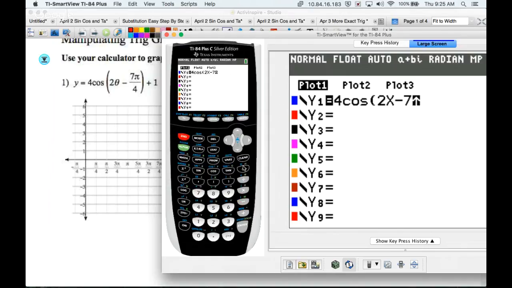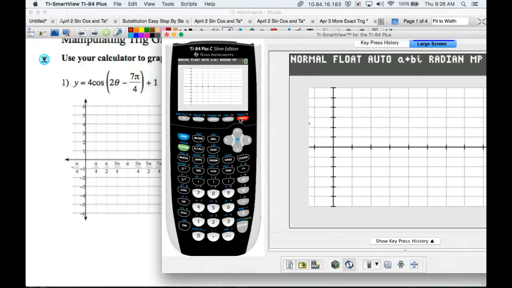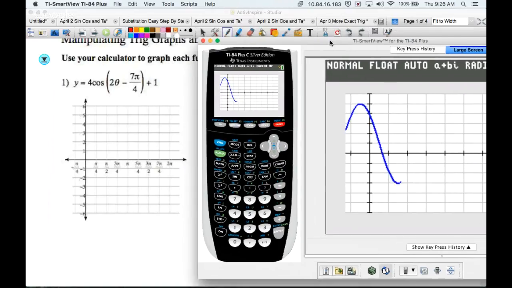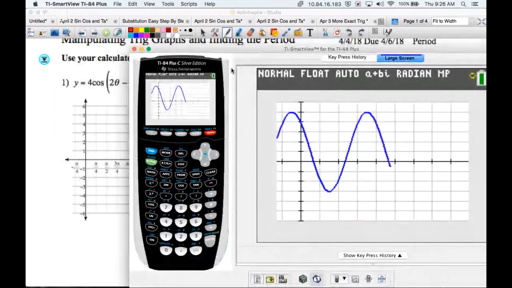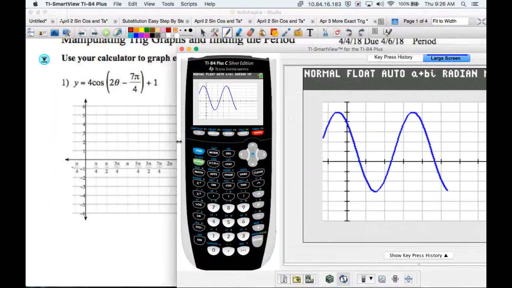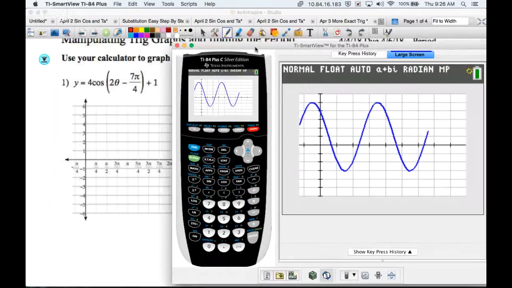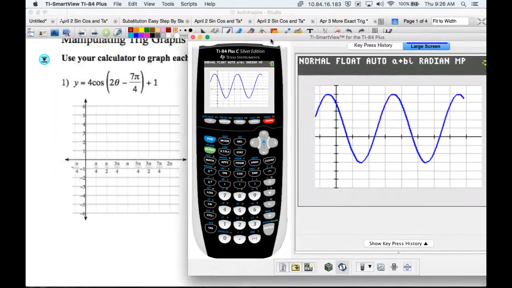Minus 7 pi over 4, close parentheses, plus 1. And let's take a look at this graph now. So look how similar my window looks to that graph in terms of how the axes are set up. Really, really similar. So this is going to make it easy to graph.